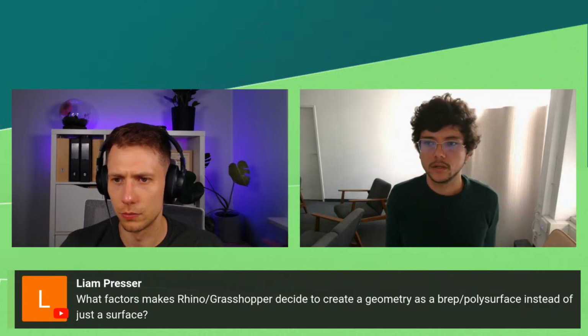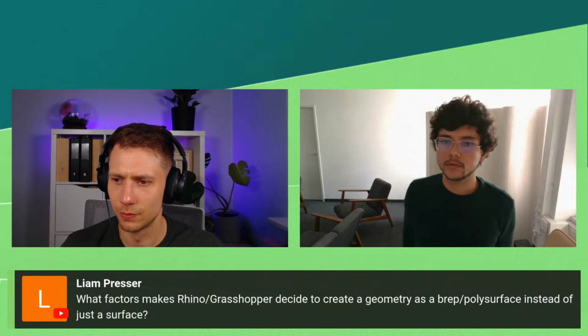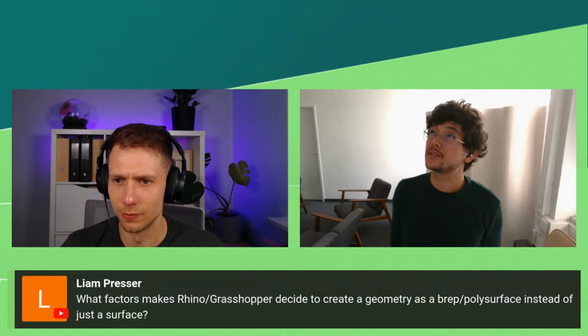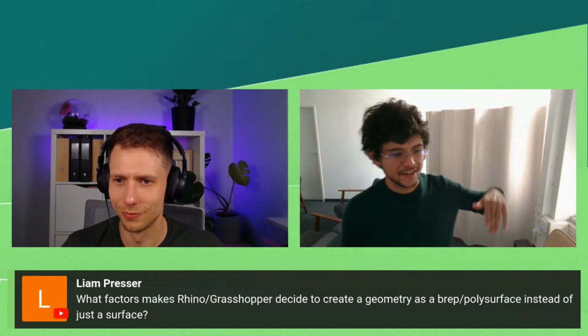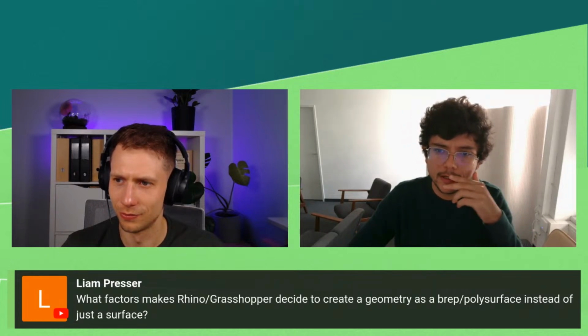Not really, because a polysurface is just a combination of surfaces, so you could have an open BRep that is still a BRep. It depends. Everything is a BRep at the end. It's a boundary representation. It's just, is it a surface or a polysurface?